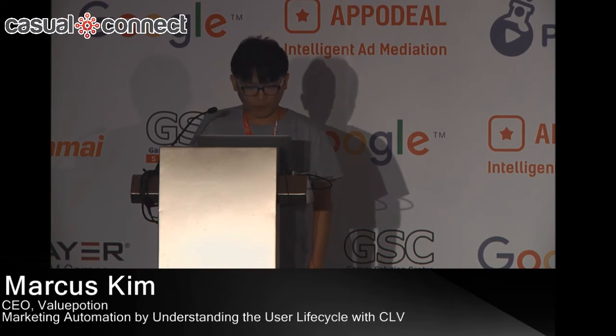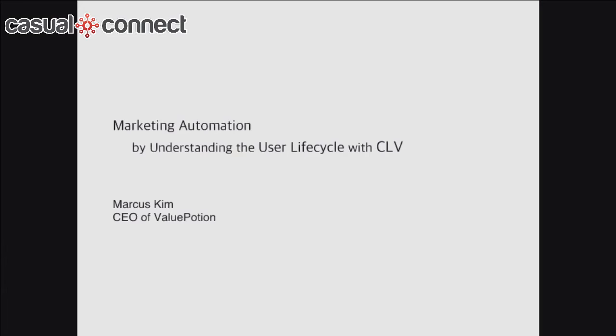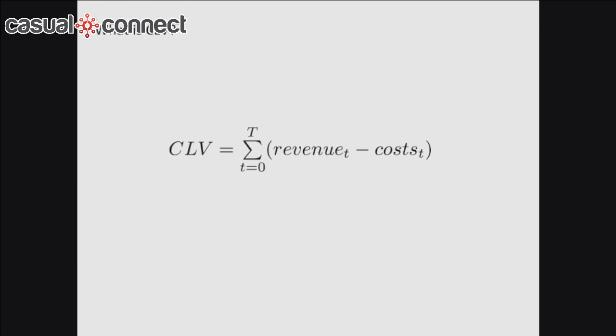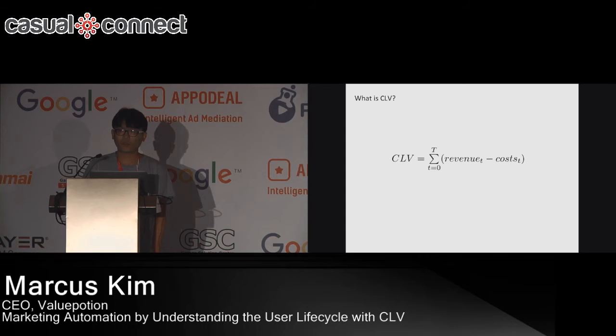First of all, I will define what customer lifetime value is. Customer lifetime value is the total sum of expected profit out of each user during the lifetime. Lifetime means the time between app install and user churn out.